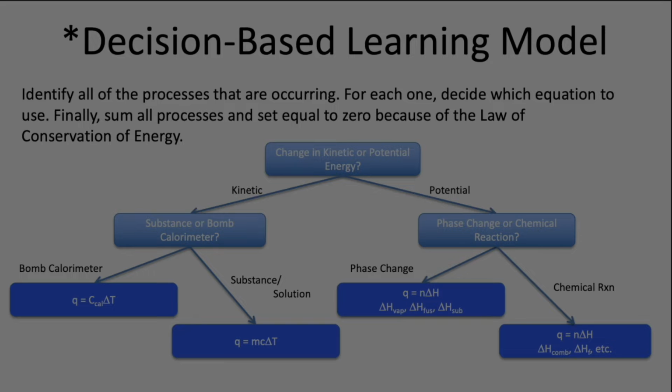And so we had 5 different processes that were occurring. And today we've talked about it when we had a reaction happening in the calorimeter and then the heat being gained by the calorimeter. Those are 2 different things, right? So 2 different processes. Then for each process, we're going to work through this model and we're going to identify which is the right equation. And then at the end, we're going to add all the equations up to 0 because of the law of conservation of energy.